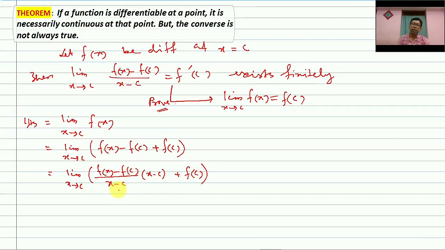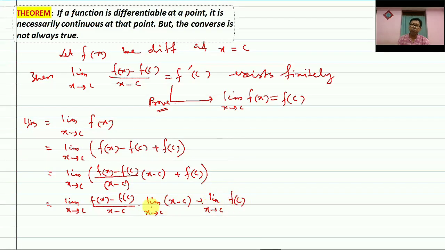Nothing is changed, you have just divided by x minus c, then multiplied this fraction by x minus c, so that x minus c is cancelled. The resultant is as usual the previous one. So now you separately use the limits: the limit as x tends to c of f(x) minus f(c) upon x minus c, into the limit as x tends to c of x minus c, plus the limit as x tends to c of f(c).